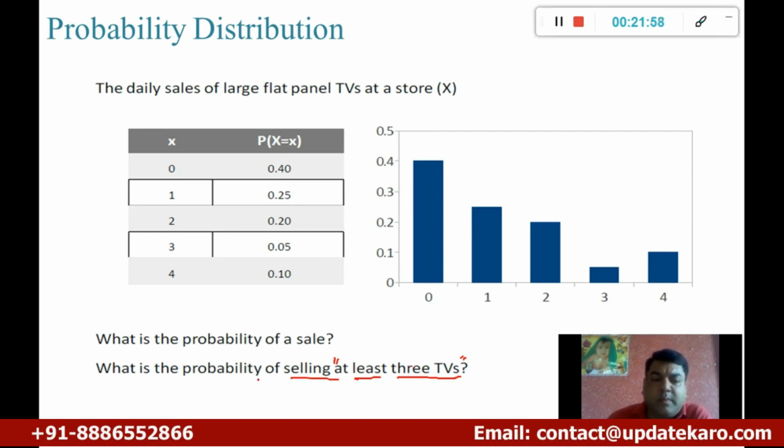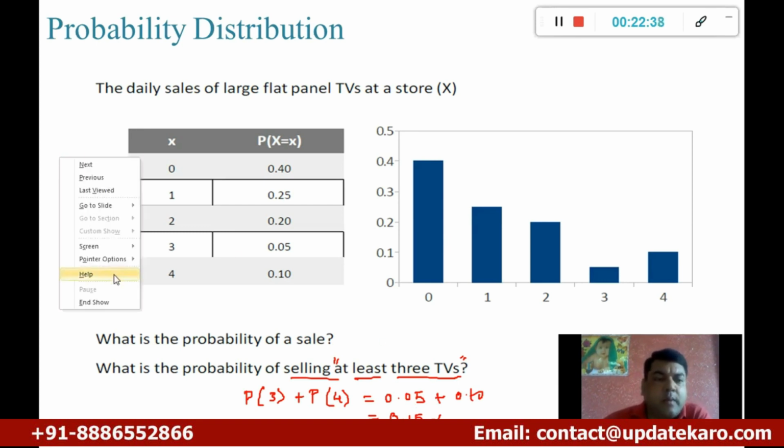So the probability of selling at least 3 televisions is, from the data of course, the probability of selling 3 TVs plus the probability of selling 4 TVs, which is 0.05 plus 0.10, that is 0.15. So there is a 15% chance that at least 3 televisions will be sold in a day. Right? So this is how probability calculation happens.